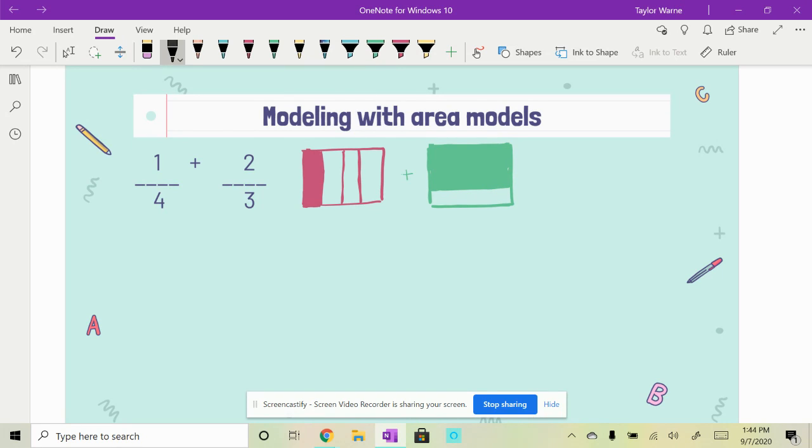I'm going to redraw that black line in for you. Okay, make it a little easier for you to see the 2/3 drawn out. So now what I need to do is break this up into common pieces. So in order to really see how much of my region is shaded, I need to break my box down into a common amount of pieces.